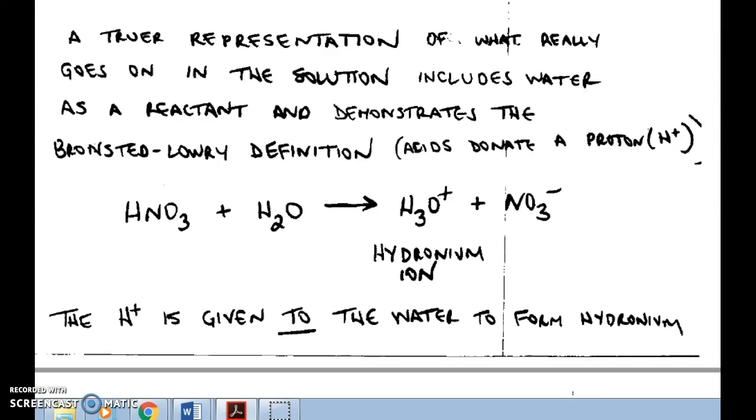But Bronsted-Lowry really talks about donating, which means giving that H plus to something else. And in this case, the acid is giving the H plus to the water. So the nitric acid still dissociates into the H plus and the NO3 minus. It's just that the H plus is donated or given to the water, forming the hydronium ion as the product.